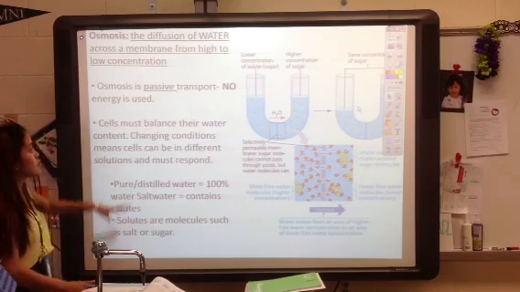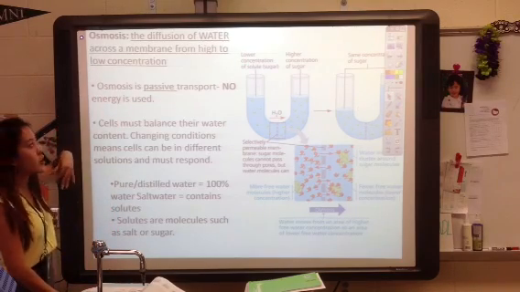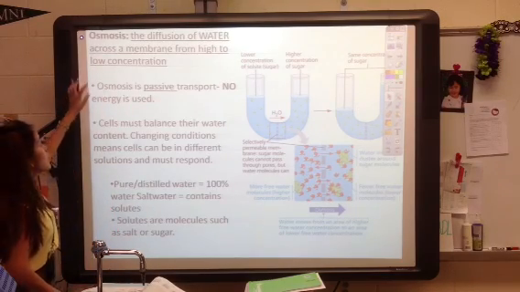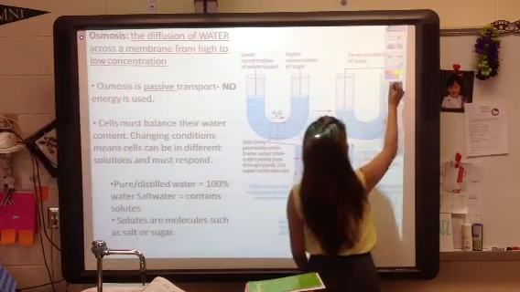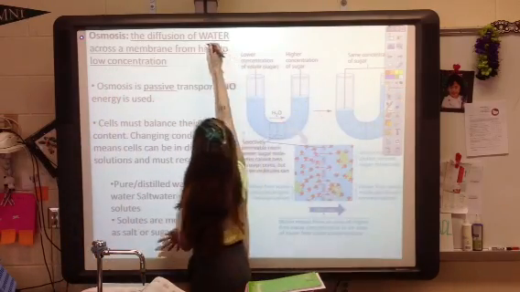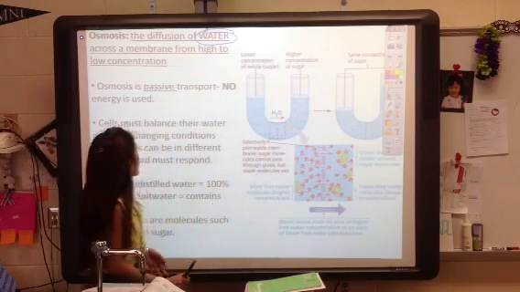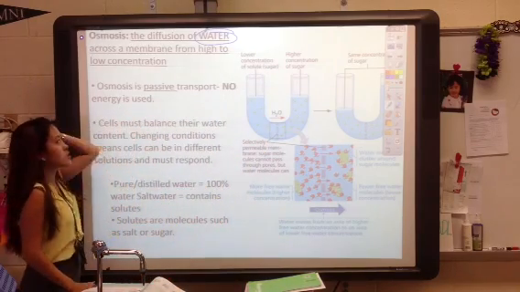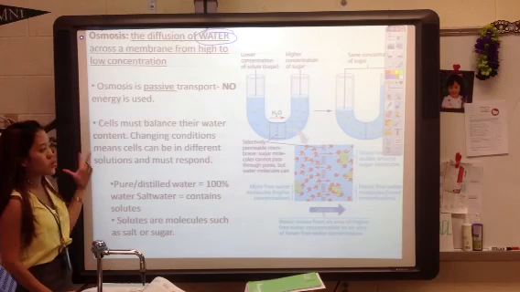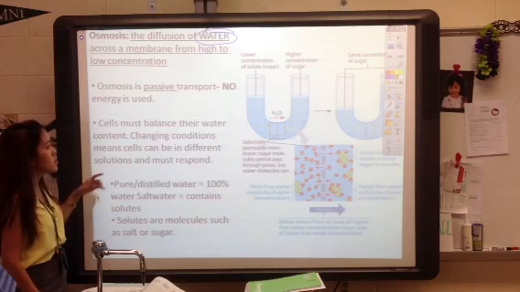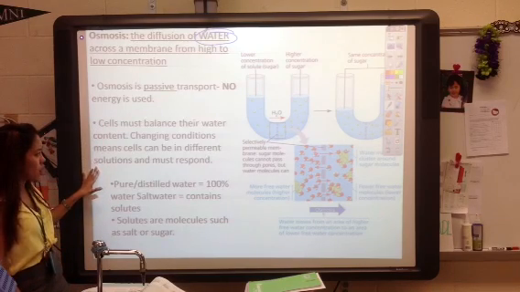So osmosis is the diffusion of water across a membrane from high to low concentration. Very important that you know that this is just water. Okay, only water. Osmosis is a form of passive transport, and so no energy is used. Cells have to balance their water.